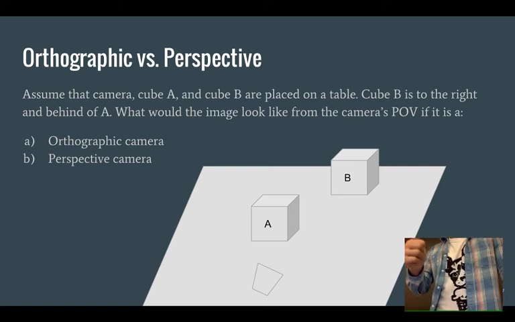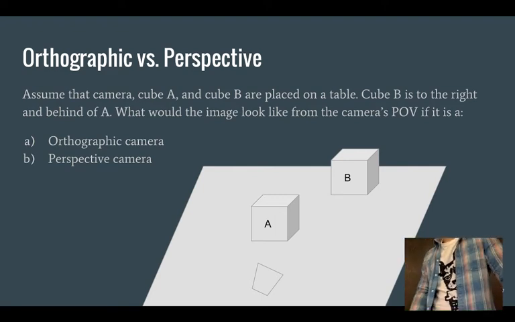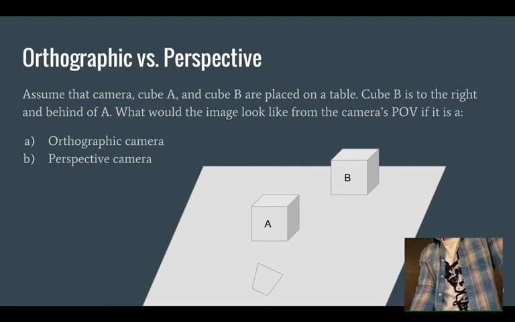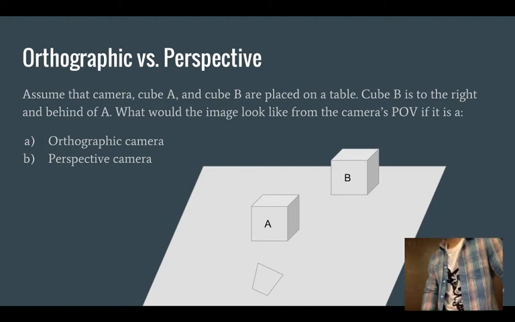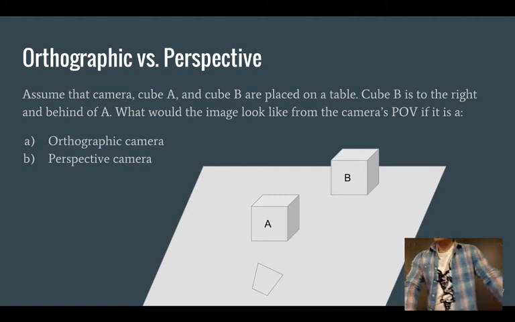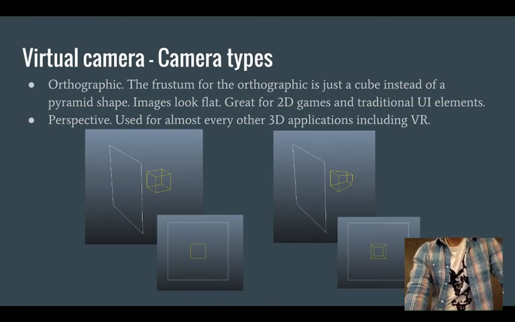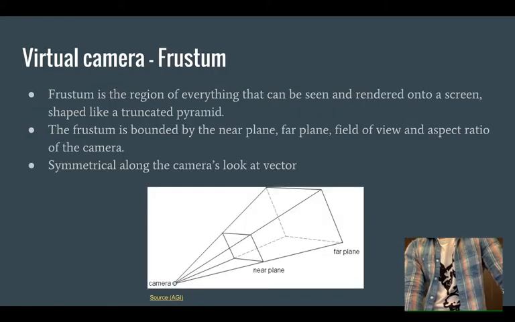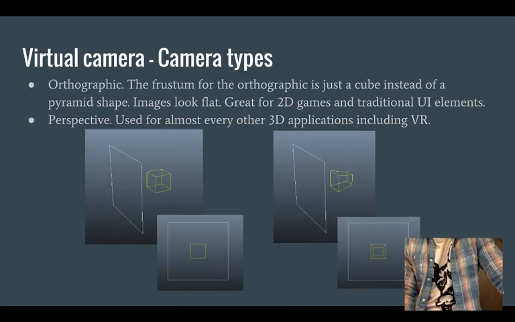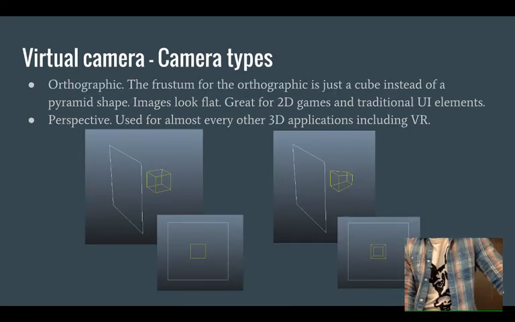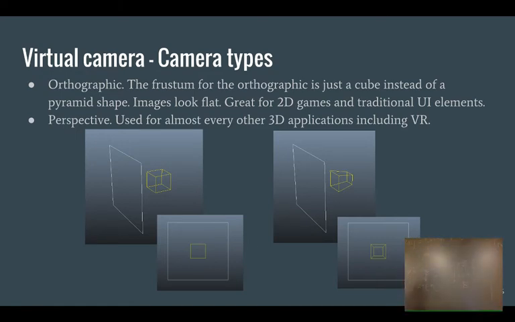For orthographic camera versus perspective, how do you think they would look different? Which one is the pyramid one? The pyramid one is this. That's the perspective camera. And the orthographic camera is the one on the left side.